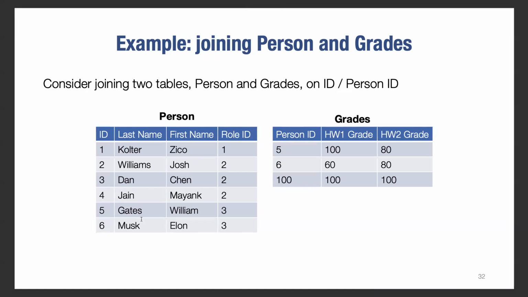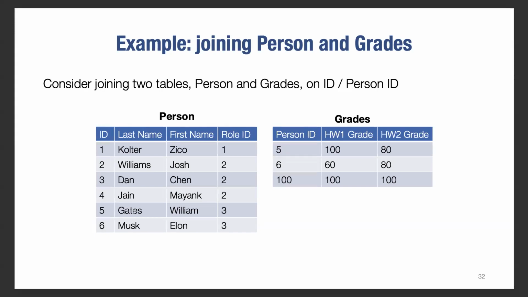So we're joining person and grades based on person ID, right? So the ID, you're looking for 1, 2, 3, 4. You don't have them, but you have 5 and 6, and you have 5 and 6 here as well. So to do an inner join, you're only going to return where these two tables are the same. So person ID and ID.